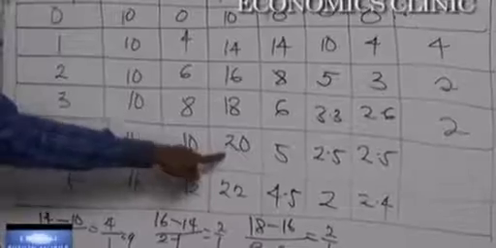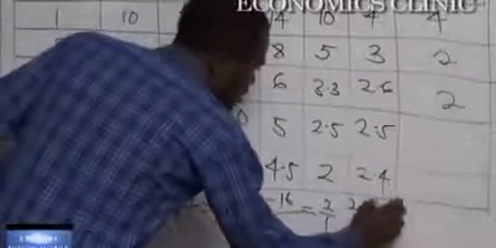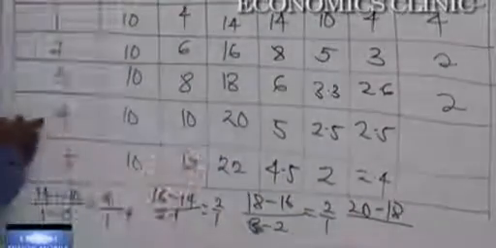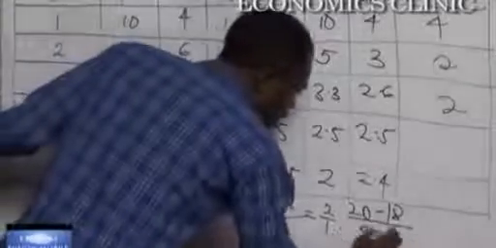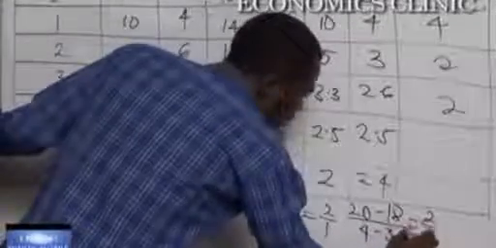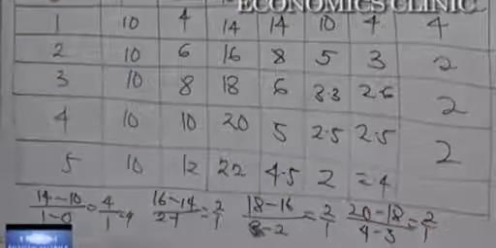Next one is total cost 5, which is 20 minus total cost 4, which is 18, divided by quantity 5 minus quantity 4, which is 4 minus 3. So we have 2 over 1, which is also 2. The next one is total cost 6.